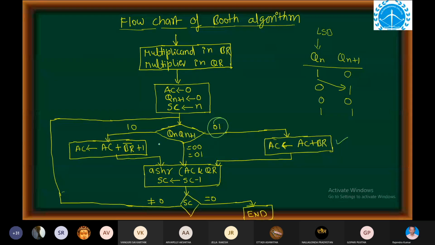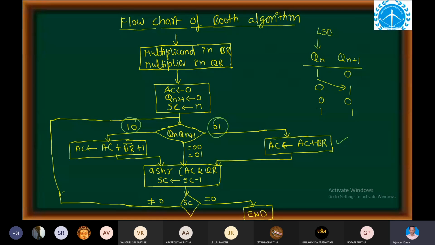If Qn Qn plus 1 are 1, 0, we have to perform AC minus BR. That means AC plus 1's complement of BR plus 1, so that it becomes AC plus 2's complement of BR register.